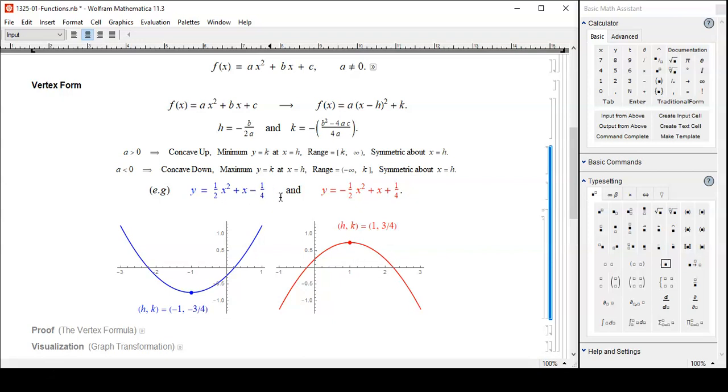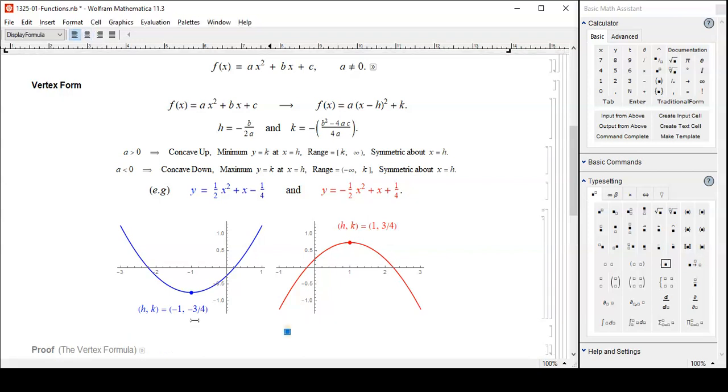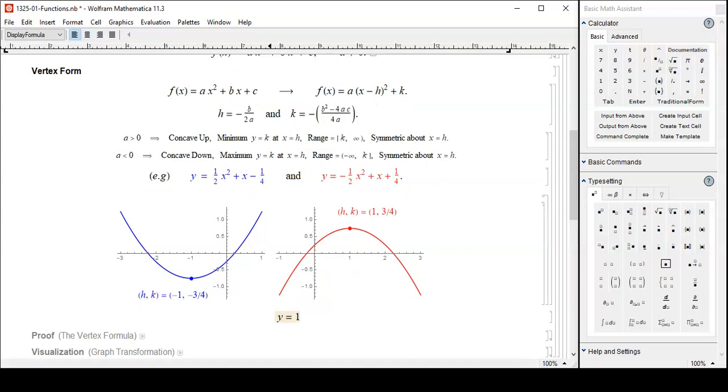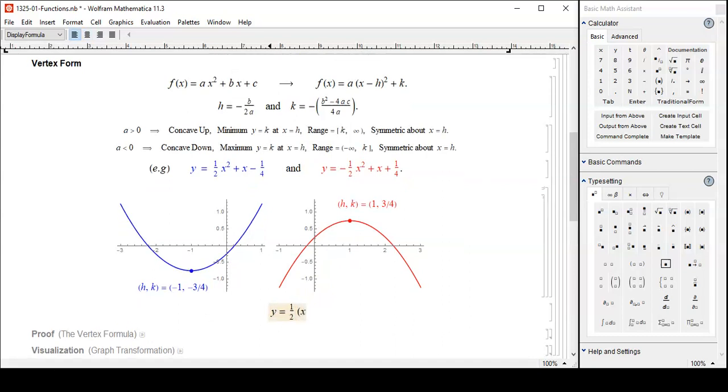And they're both given in the general form. Well, if you do the vertex form, it's going to be like this: y equals 1/2 times (x minus negative 1) squared minus 3/4. And y equals negative 1/2 this time on the right-hand side, (x minus 1) squared plus 3/4.